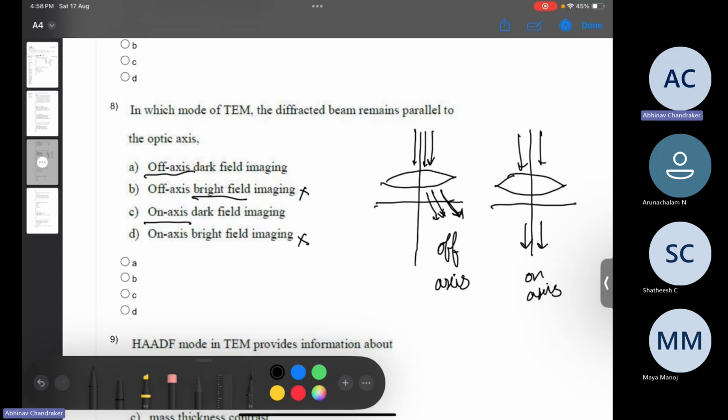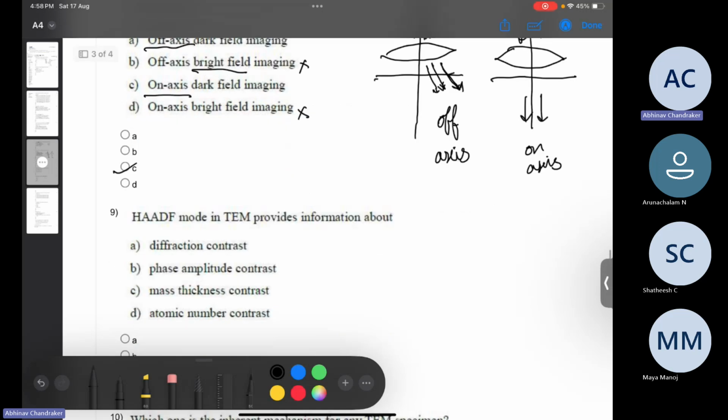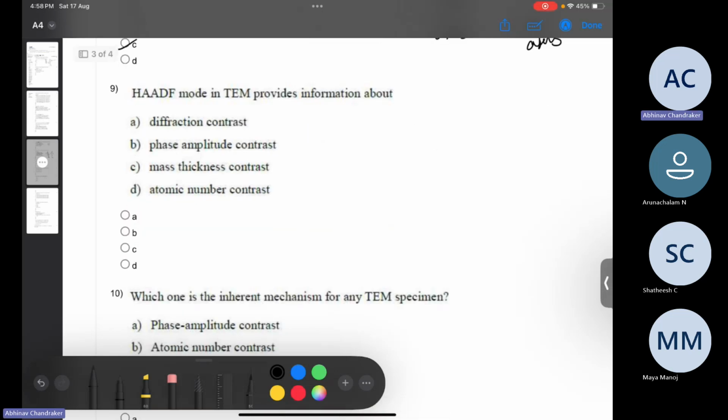So for having diffracted beam parallel to optic axis, the answer will be on axis dark field imaging, because here we use tilted incident electron beam, so that after diffraction the electron beam becomes parallel to the optic axis. So answer is C. Now coming to ninth question, what does HADF give information about?